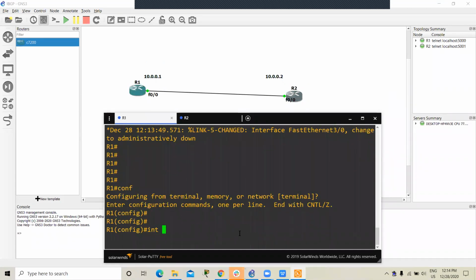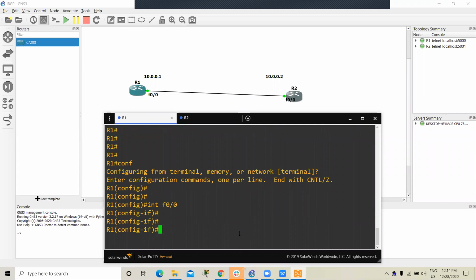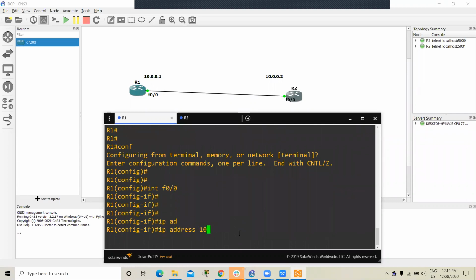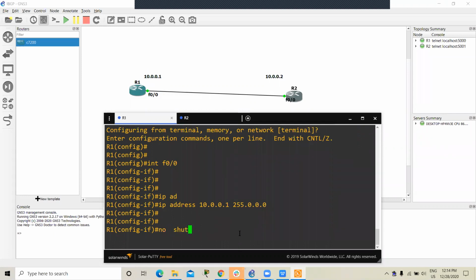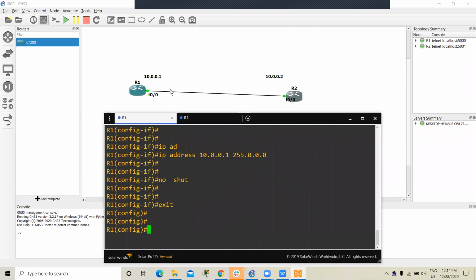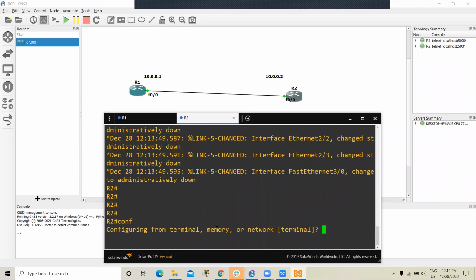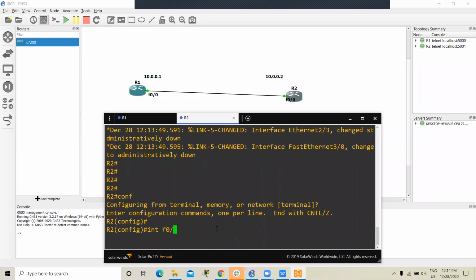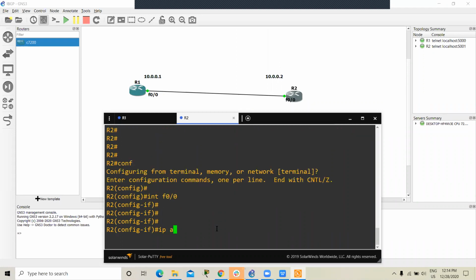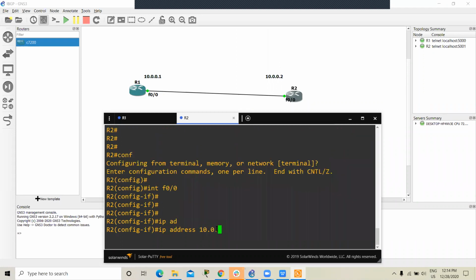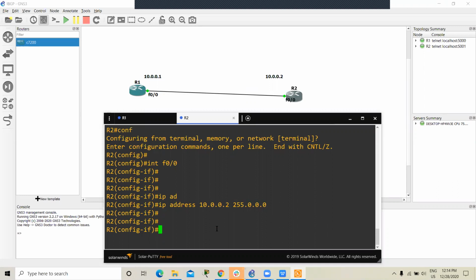Configuration mode, interface F0/0, IP address 10.0.0.1, 255.0.0.0. Then no shutdown. Go on router 2. Configuration mode, interface F0/0, IP address 10.0.0.2, 255.0.0.0. Now no shutdown.